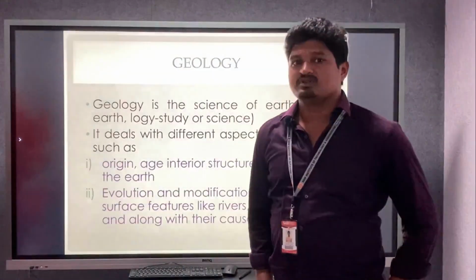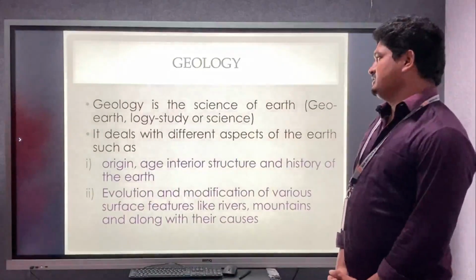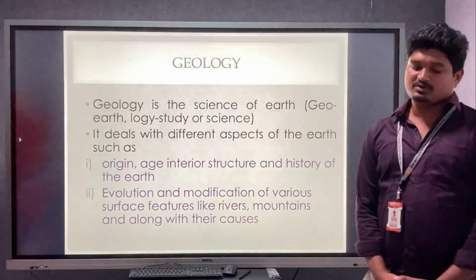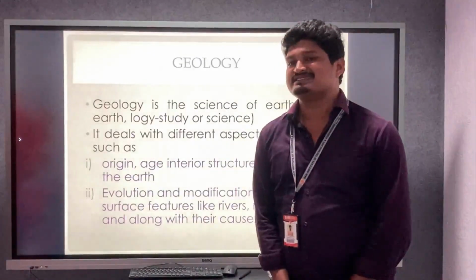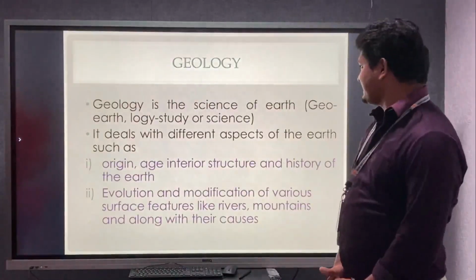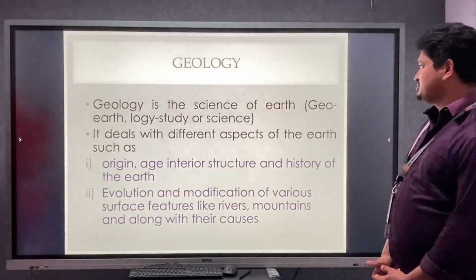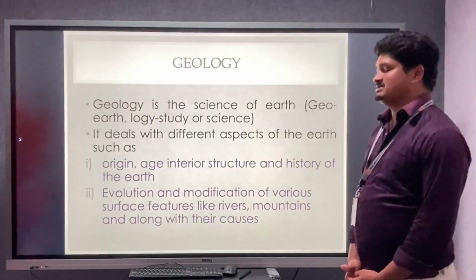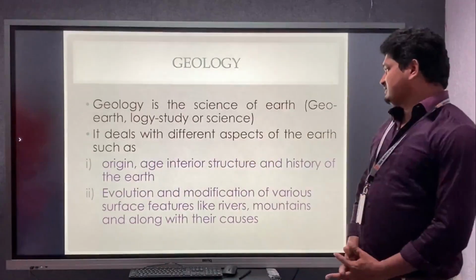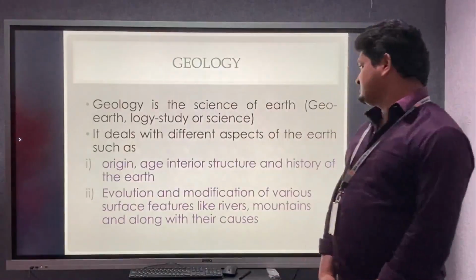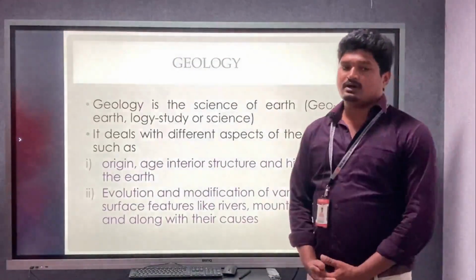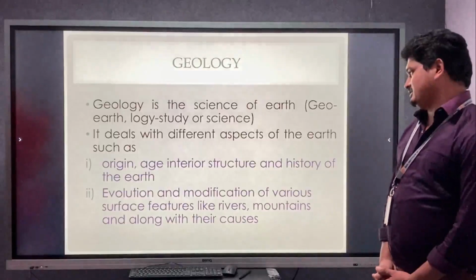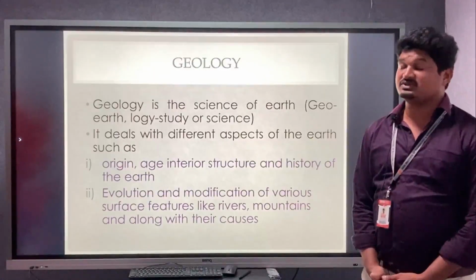I want to explain the branches of geology. Before going to the branches, we should know what geology is. Geology is the science of the earth. Geo means earth, and logy means science. It deals with different aspects of the earth, such as the origin of the earth and the interior structure of the earth.